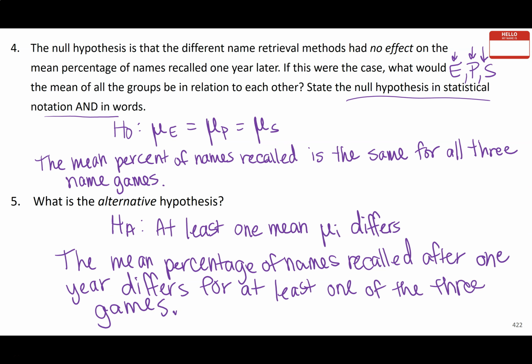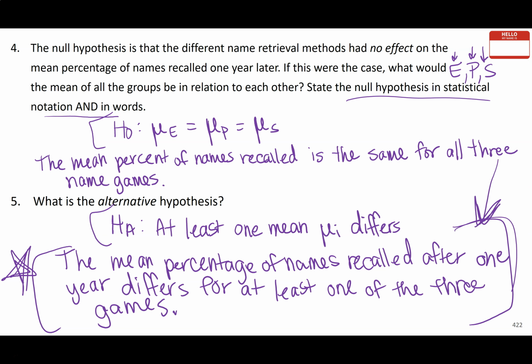So in general, when we ask for hypotheses, we mean in notation, but if we ask for in words, this is what we mean. This in particular, practicing writing the alternative hypothesis in words is extremely useful, because when you write up your conclusion for the hypothesis test, you will say there is blank evidence that, and insert this.